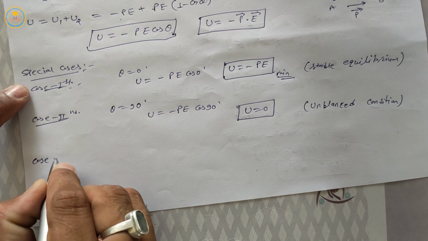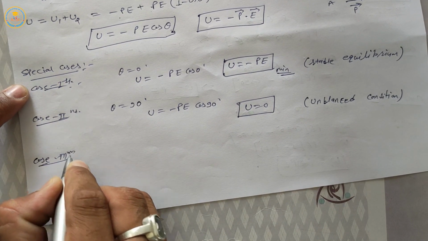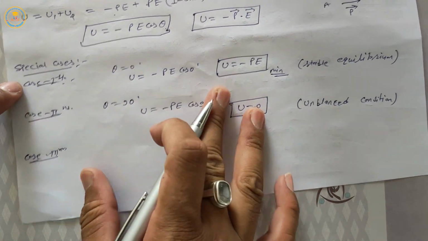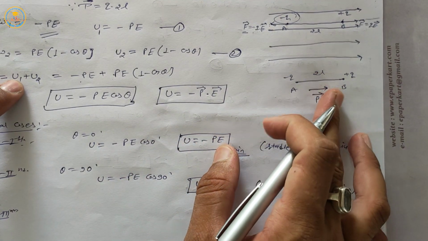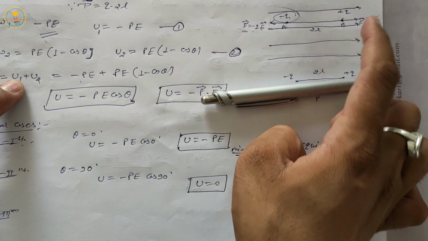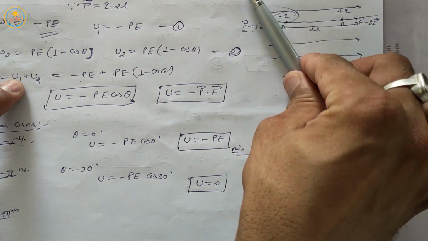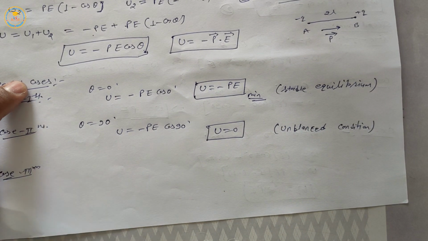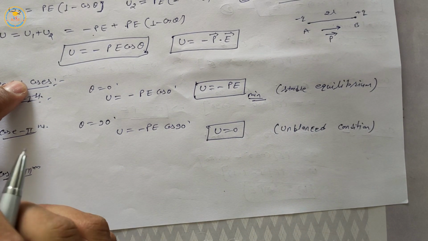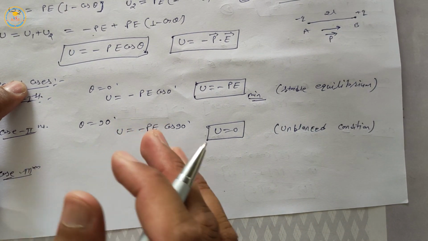Next, case third: if the direction of the electric dipole moment is at 180 degree angle from the electric field, meaning this is 0 degrees and this is 180 degrees, meaning the direction of the electric dipole moment is opposite to the electric field.